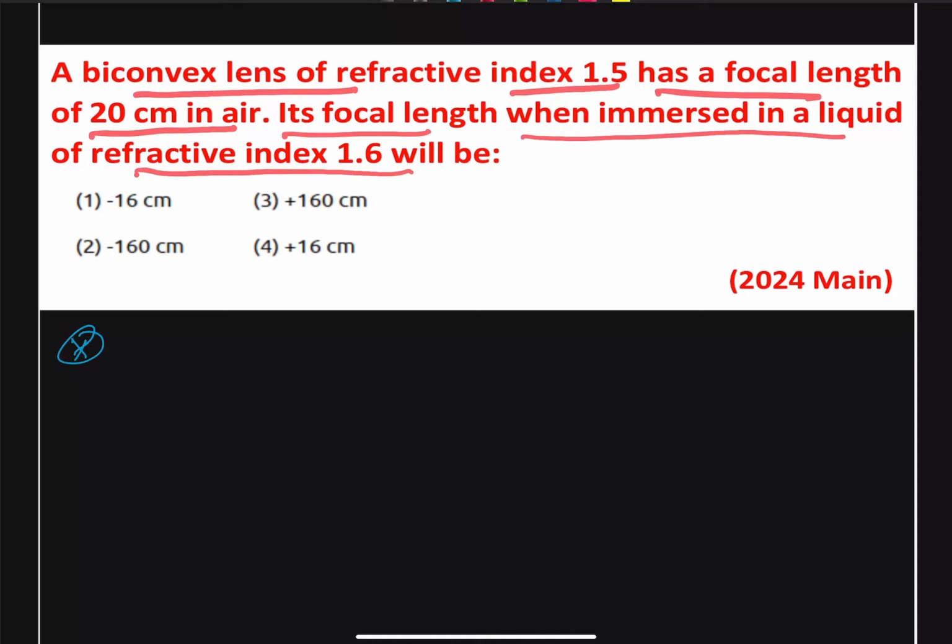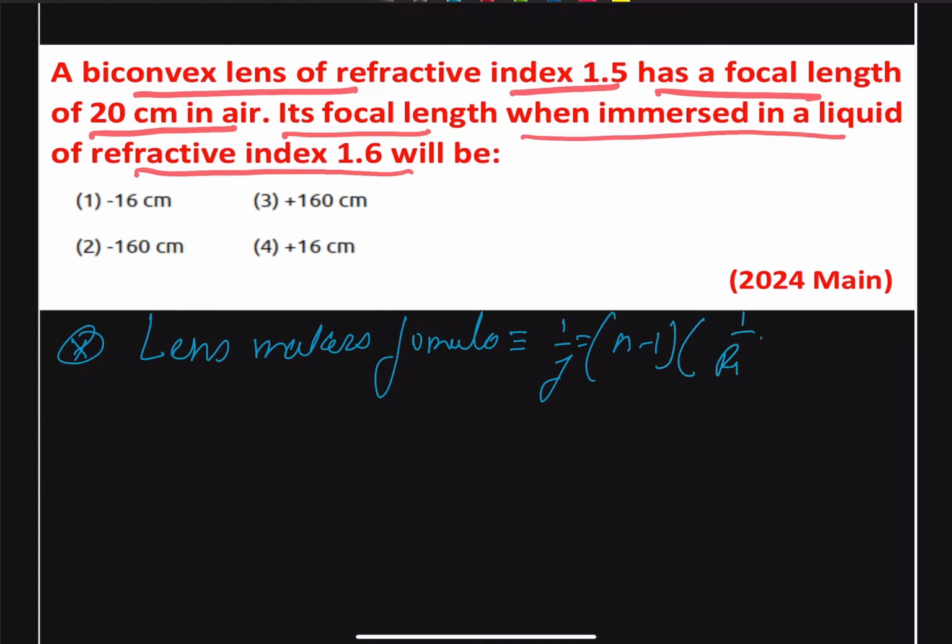So we can say that our lens maker's formula gives us 1 upon f is equal to (n minus 1) times (1 upon r1 minus 1 upon r2). And here n is our relative refractive index, that is, the refractive index of the lens with respect to the surrounding medium.